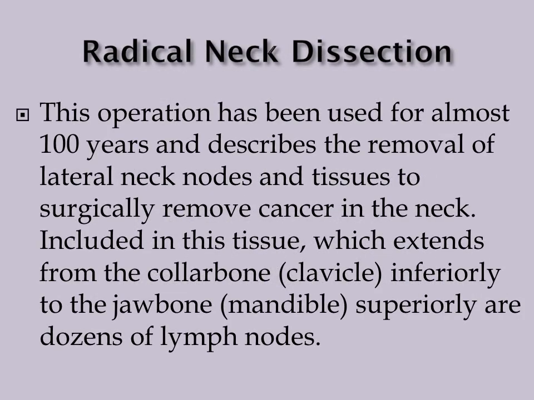Radical neck dissection. This operation has been used for almost 100 years and describes the removal of lateral neck nodes and tissues to surgically remove cancer in the neck. Included in this tissue, which extends from the collarbone or clavicle inferiorly to the jawbone mandible superiorly, are dozens of lymph nodes.